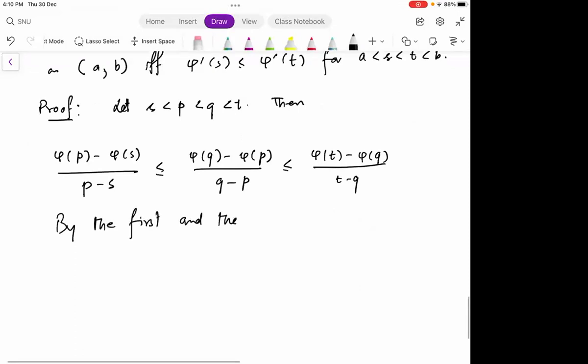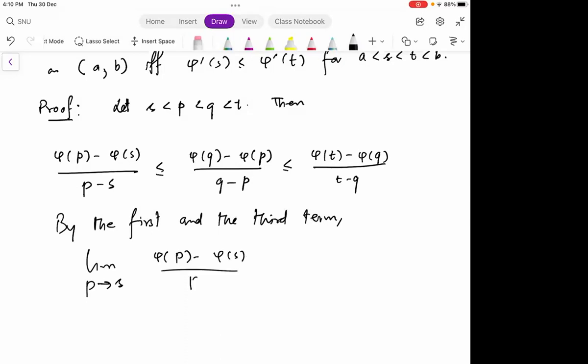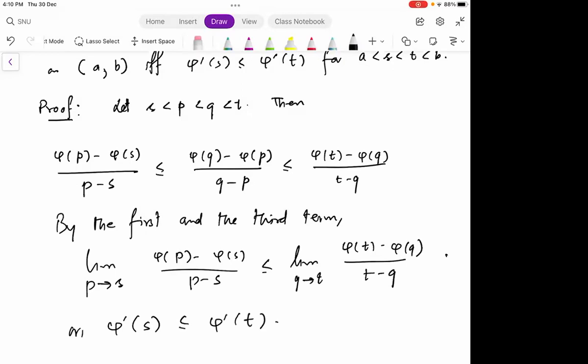By the first and the third term, limit P going to S of phi P minus phi S by P minus S is less than or equal to limit Q going to T. So if the function is convex and you have 2 points S and T, insert some 2 more points in between, get this inequality so that your S and T are very separate.